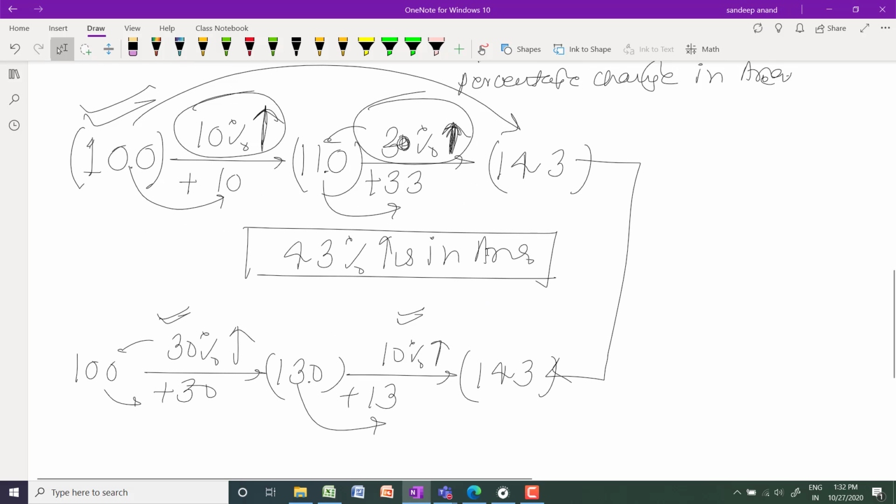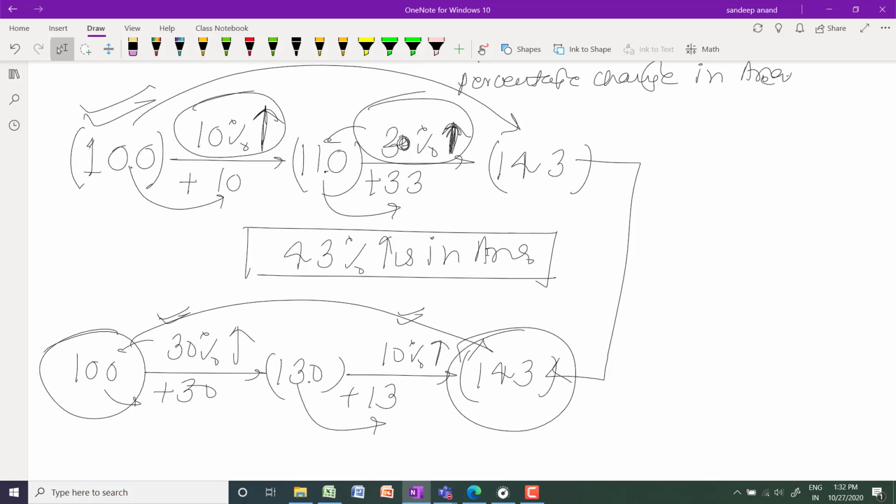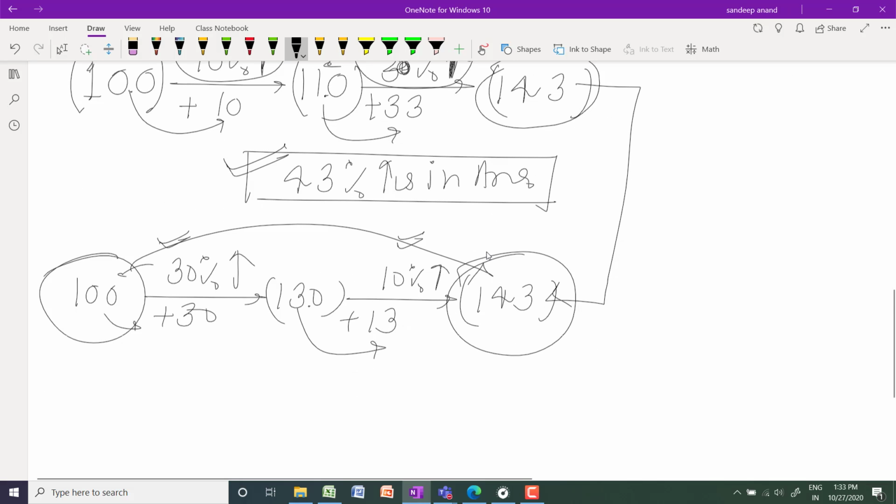Look at this. Initially the area was 100, now it becomes 143. It doesn't matter which sequence you use to find the solution of percentage change graphics. It always gives you the correct values. Now I am writing directly that 100 is the initial value, then 143.